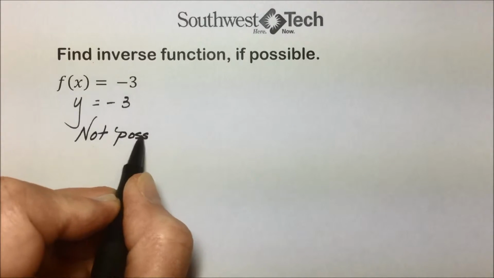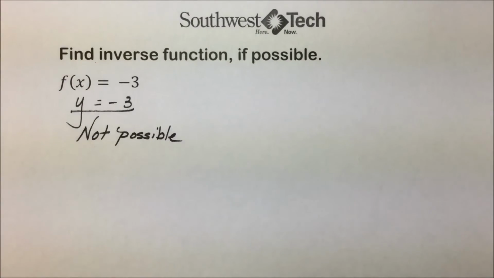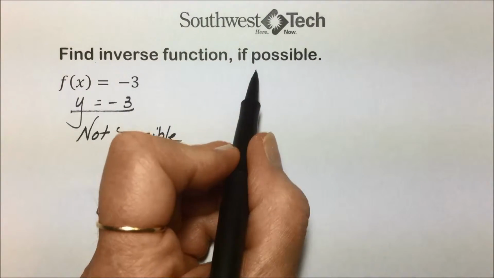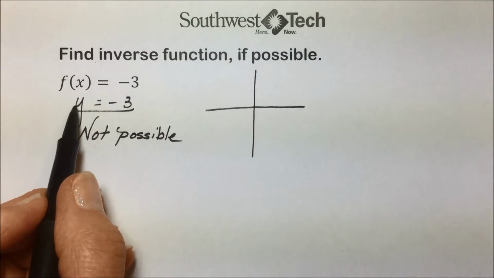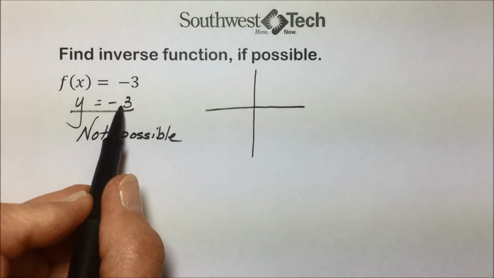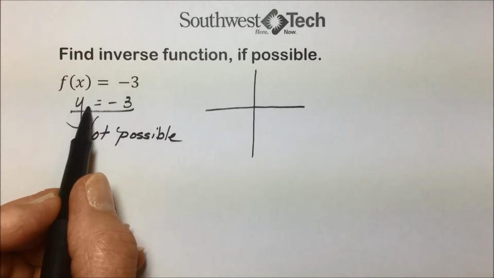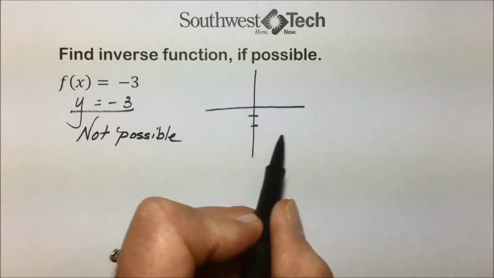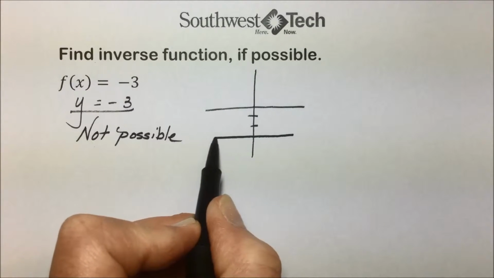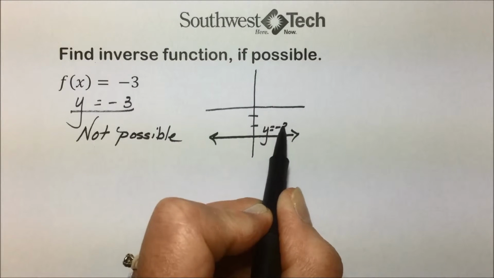And to help you understand this, let's graph y equals -3. What does the line look like with the equation y equals -3? All of the y values in the points on this graph are -3 with the ever-changing x. That means we have this horizontal line which is representing the equation y equals -3.